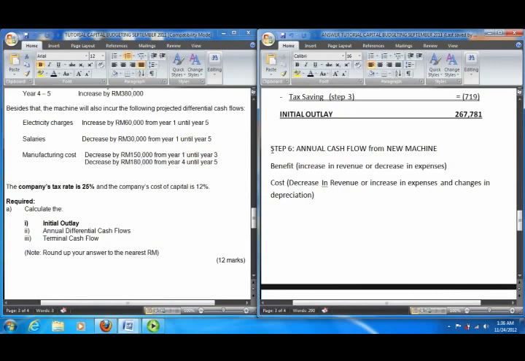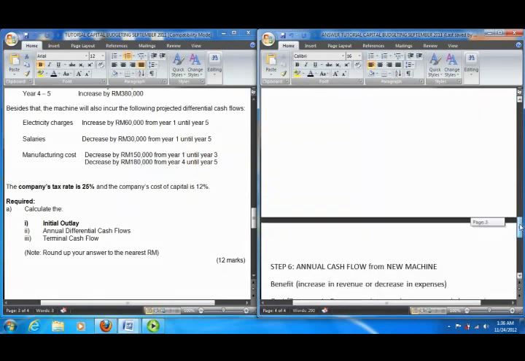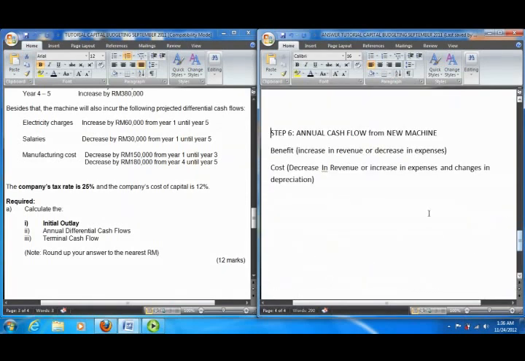So, class, focus on step 6. First, you need to identify what is benefit and what is cost. Benefit is the situation when you buy this new machine, the revenue will increase and the expenses will decrease.